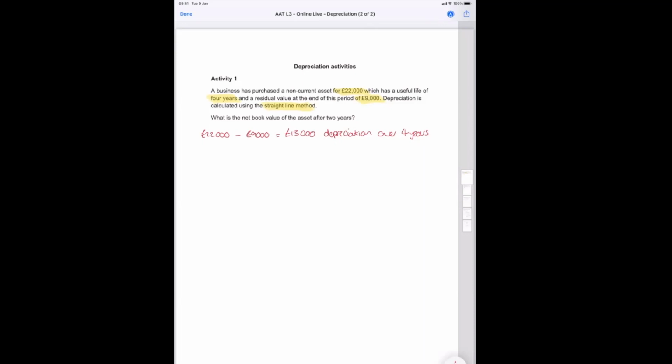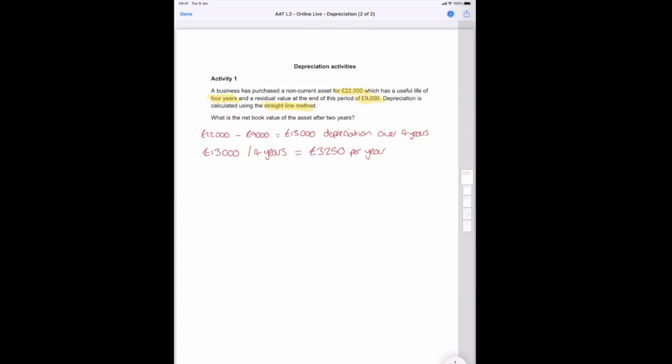So £13,000 total depreciation divided by 4 years, because that's the amount of time we expect the asset to be kept within the business, equals £3,250 per year. That's our depreciation charge per year.